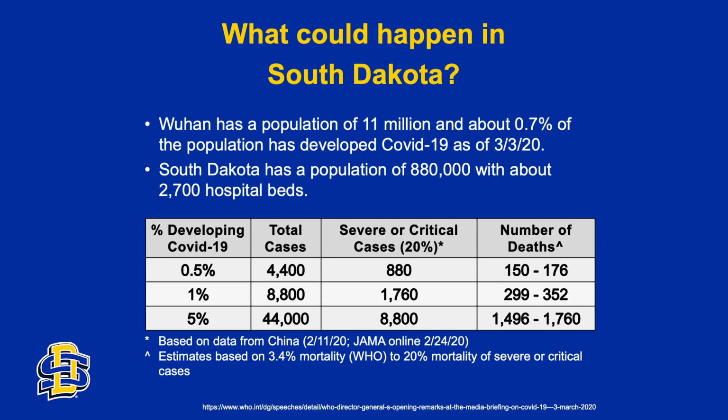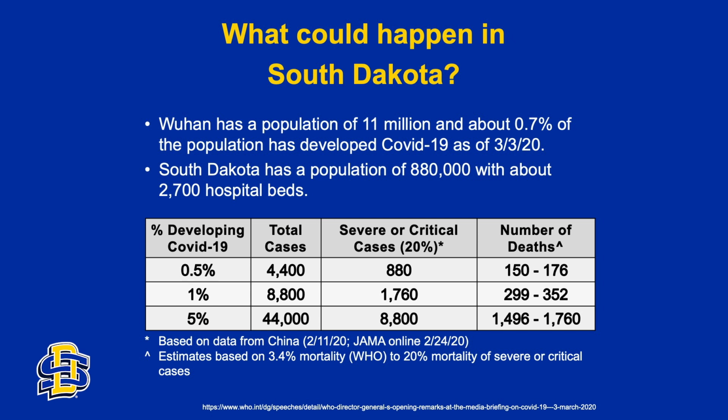So if 1% of the population gets this disease, it's going to be 8,800 people in South Dakota. If they get it all in a very short period of time, 20% of them are estimated to be hospitalized. Okay, that comes out to 1,700 people.